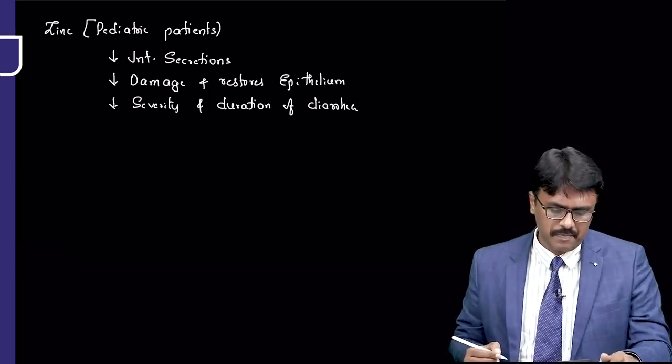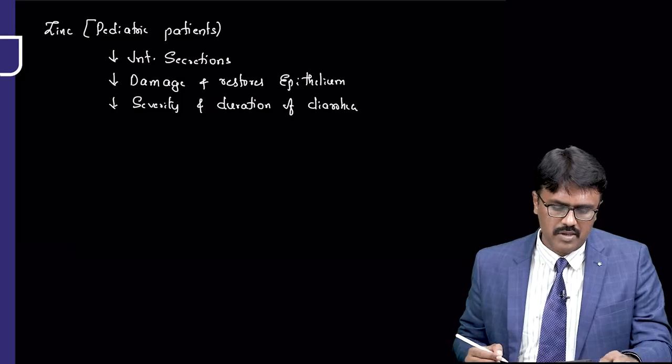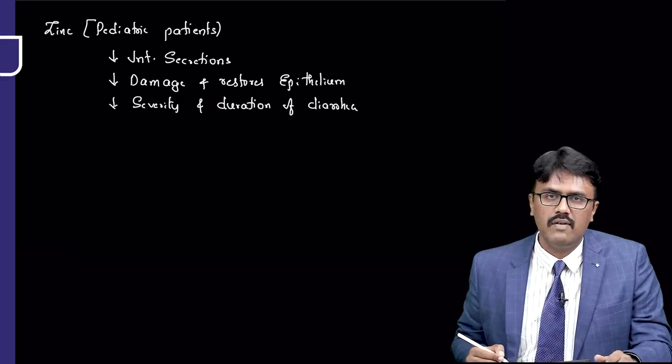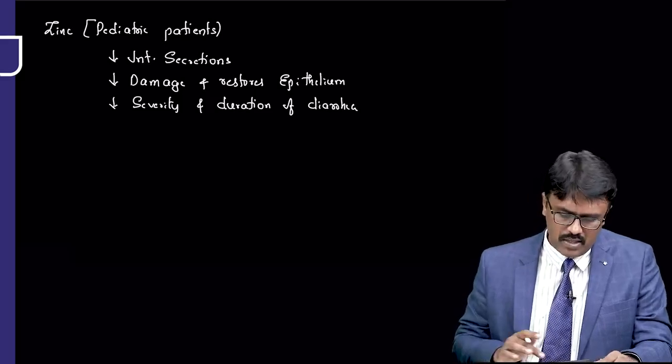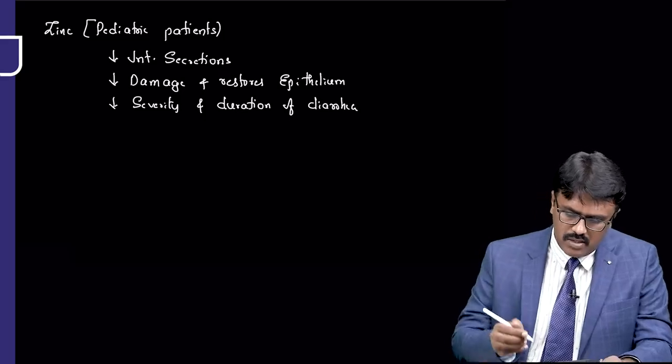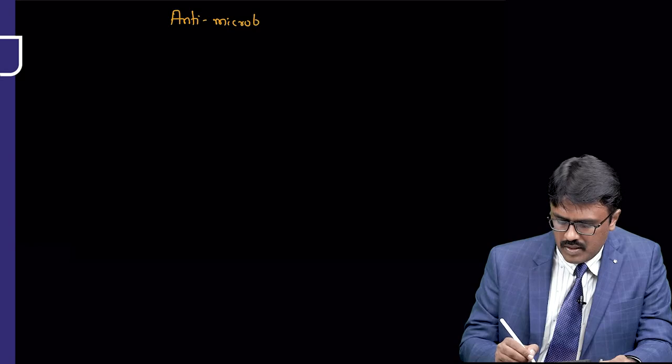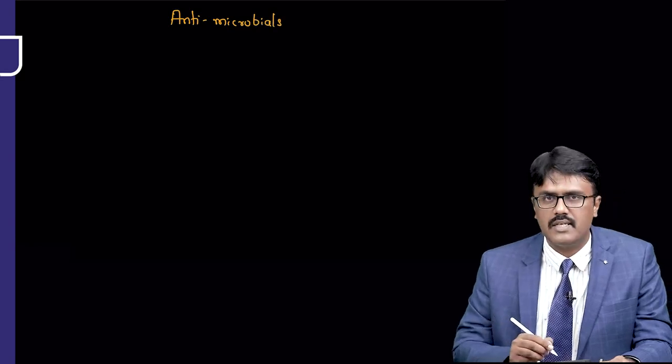So these are the drugs. Now another important aspect we need to understand in managing diarrhea is to give antimicrobial therapy. So what are the antimicrobial drugs that we need to give? What happens in the hospital setting?